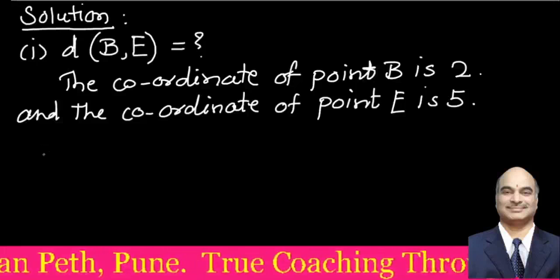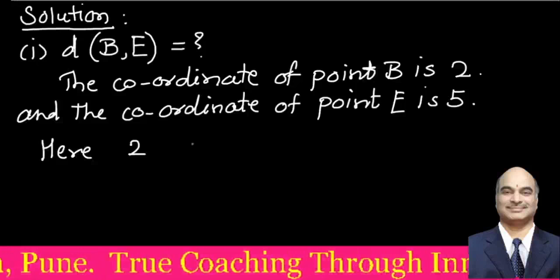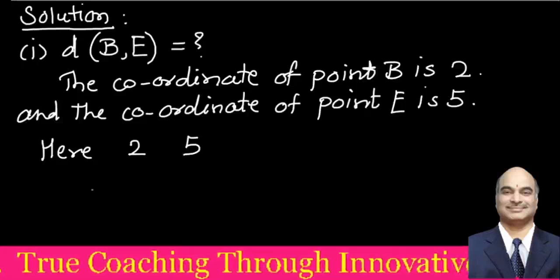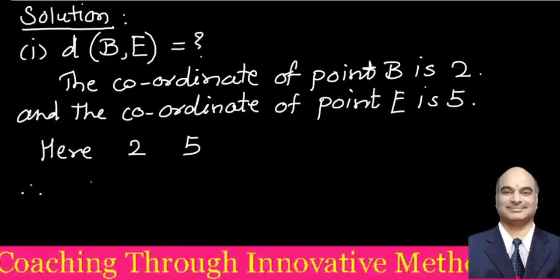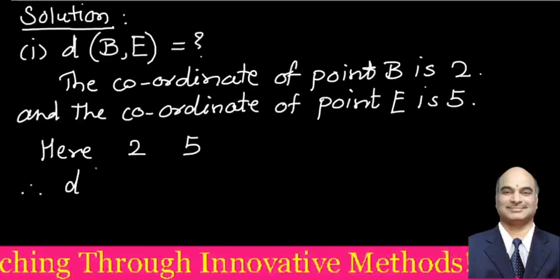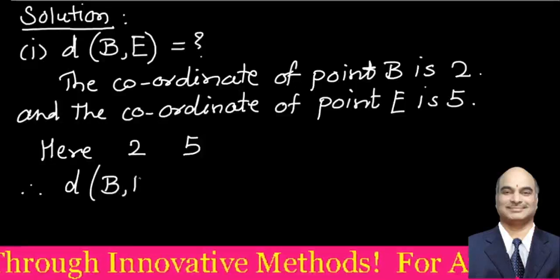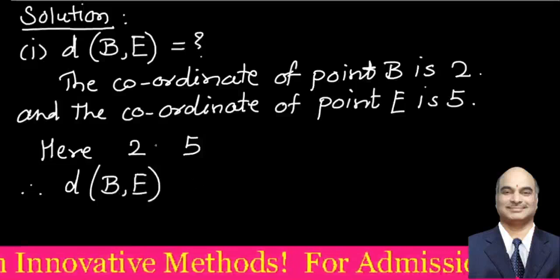We compare 2 and 5. So which is smaller? Can you tell which is the smaller number or coordinate? 2 is the smaller.